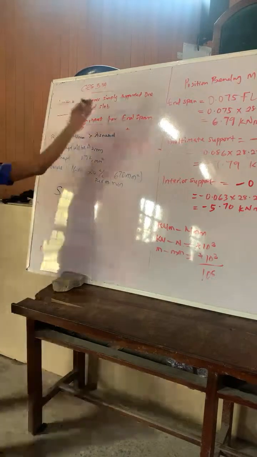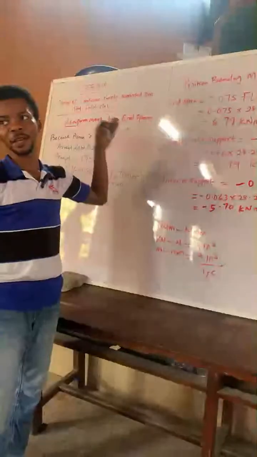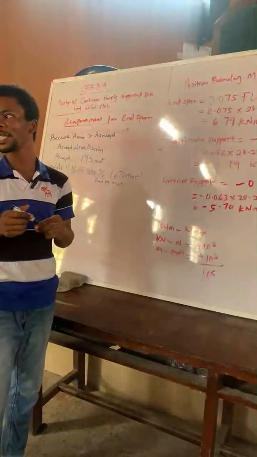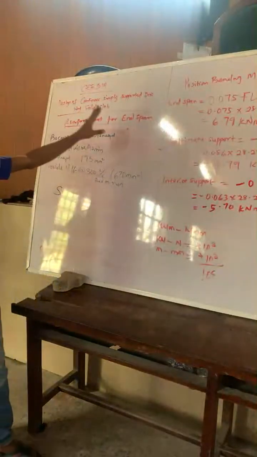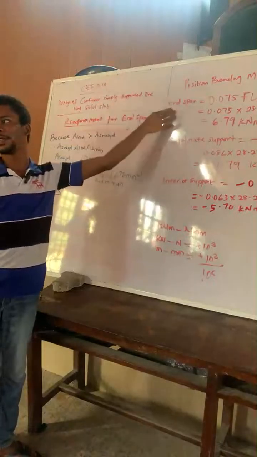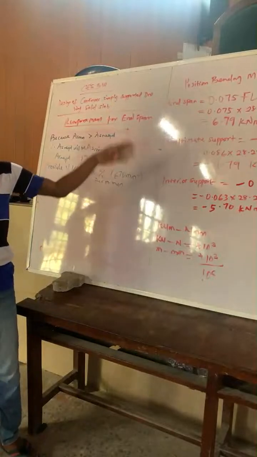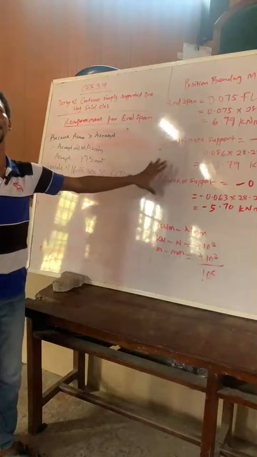Okay, we have to do this for all of them. Reinforcement for this, reinforcement for this. Yes, you have to do reinforcement for each because we are asked to calculate for end span and this. So anything you are doing for this, you will do for this, then you do it for this again.